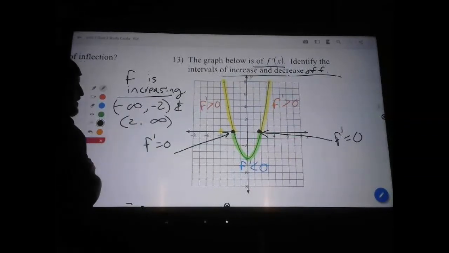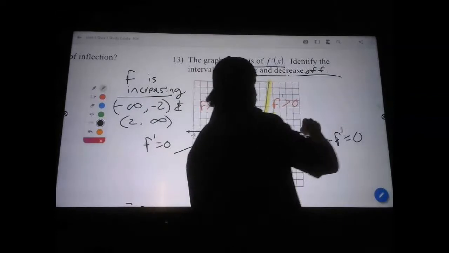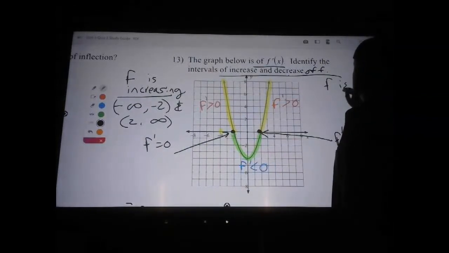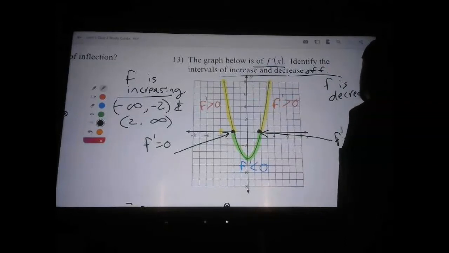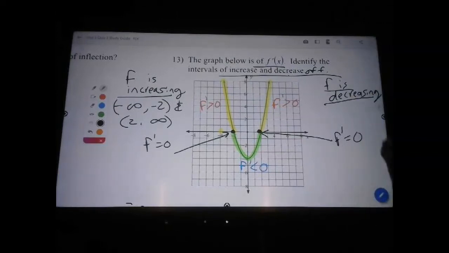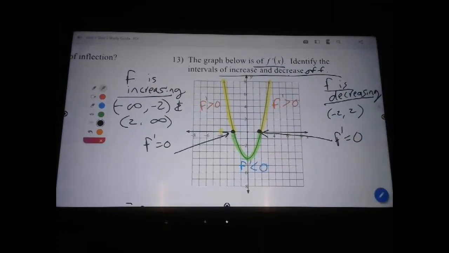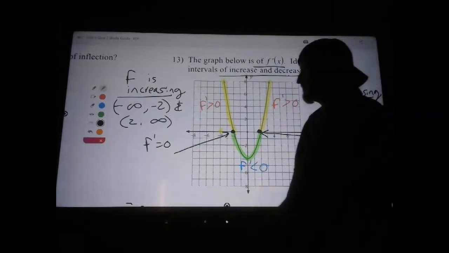We would say that f is decreasing on the green region there, because in the green region, my derivative is negative. And when the derivative is negative, the original function is decreasing. So from negative 2 to 2, it's decreasing. Okay? So there's that.